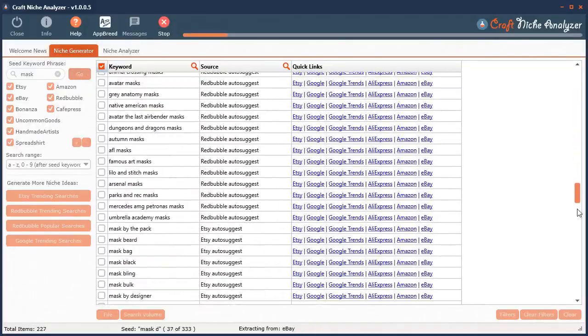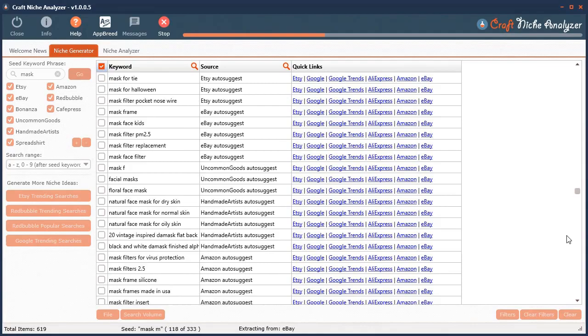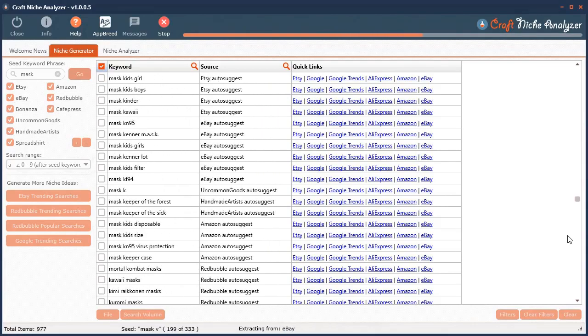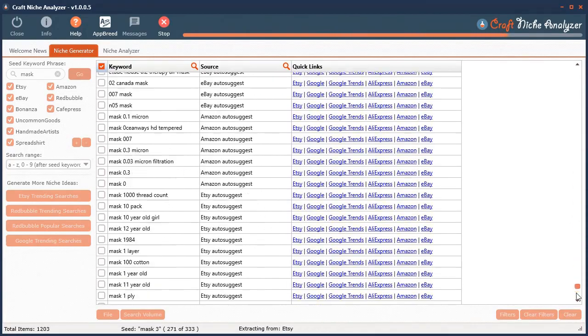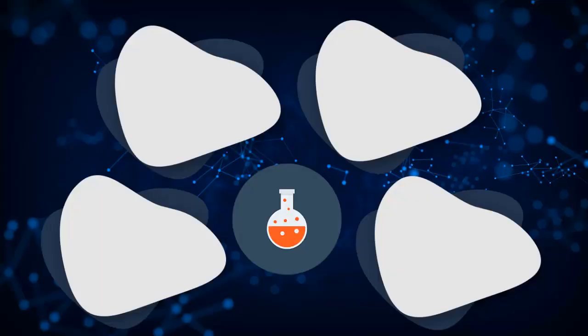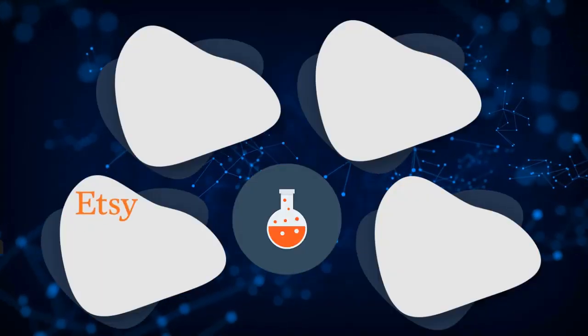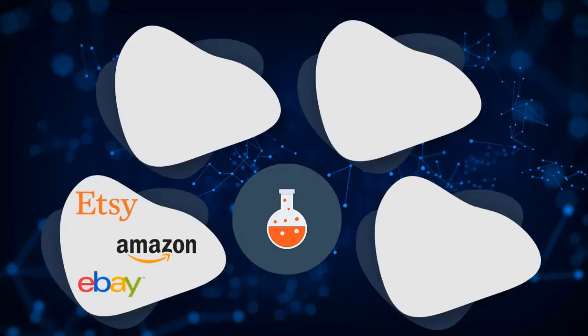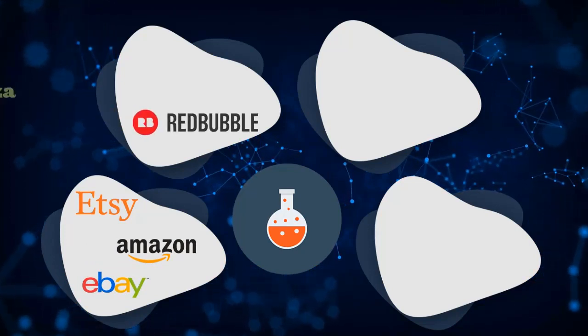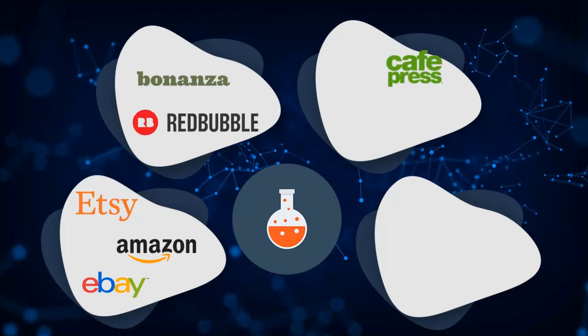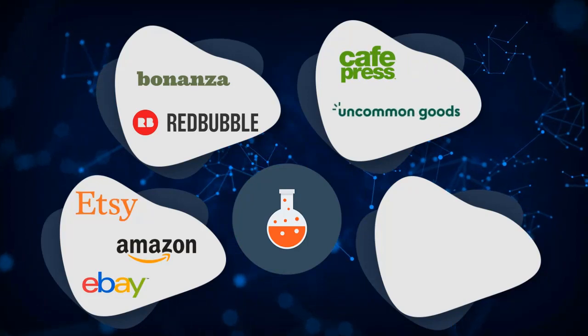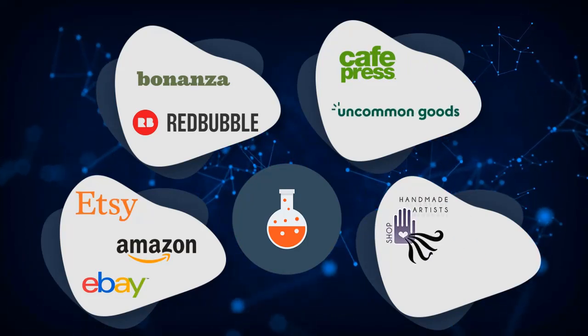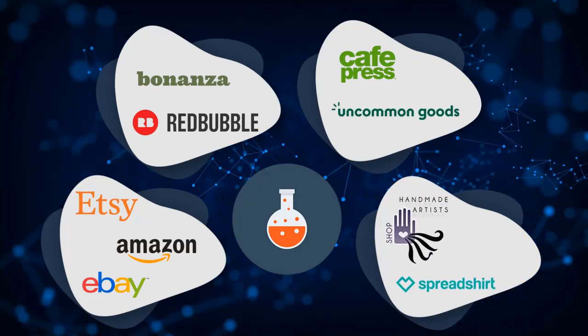With Craft Niche Analyzer, you can quickly generate thousands of niche market keywords from 9 popular crafting e-commerce platforms: the Etsy Marketplace, Amazon, eBay, Redbubble, Bonanza, Cafe Press, Uncommon Goods, Handmade Artists, and Spreadshirt.